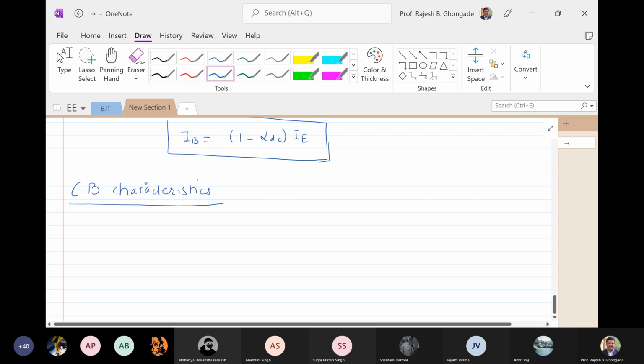So we're talking about the common base characteristics. Now to understand the complete electrical behavior of this device, that is the transistor, it is important for us to study the characteristics. What do you mean by characteristics? It is the interrelation of the various currents and voltages. Now these relationships can be plotted graphically.